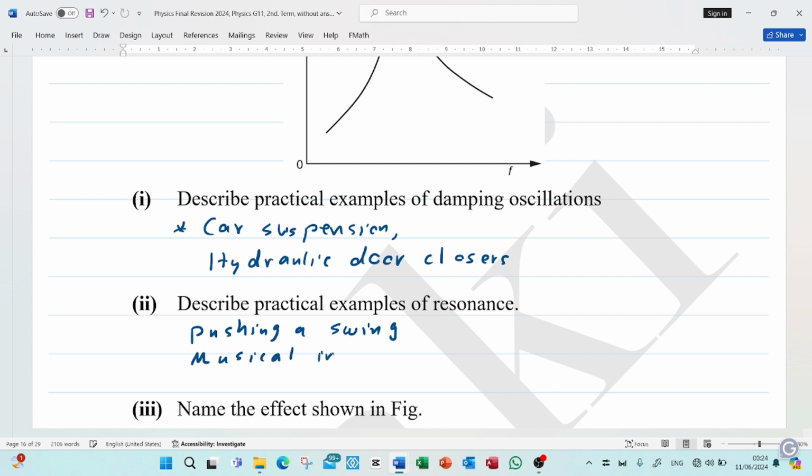Also bridges and buildings vibrate at natural frequency. So those are examples of resonance.